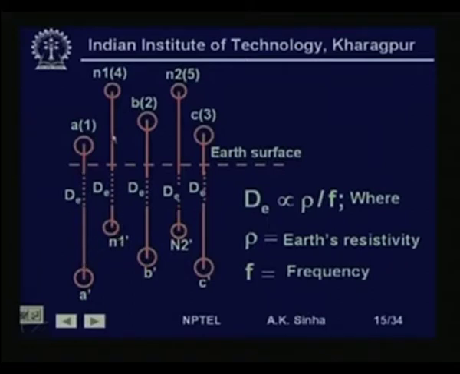Same thing for N1, we have a conductor N1 dash directly below it in the ground at a distance dE, and so on. He said that dE, the distance at which these conductors are from the overhead conductors, is proportional to rho, the earth's resistivity, and inversely proportional to the frequency of the current which is flowing in these conductors.